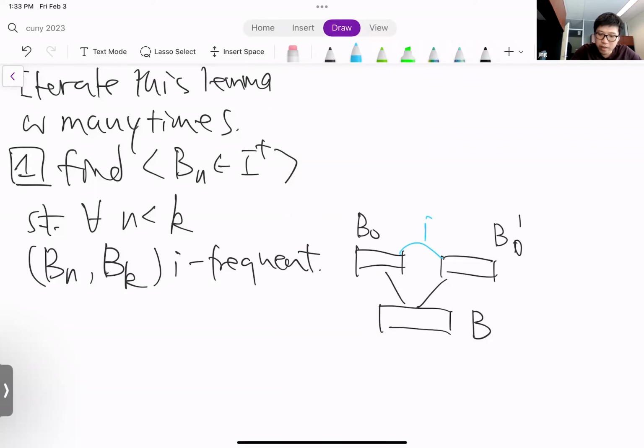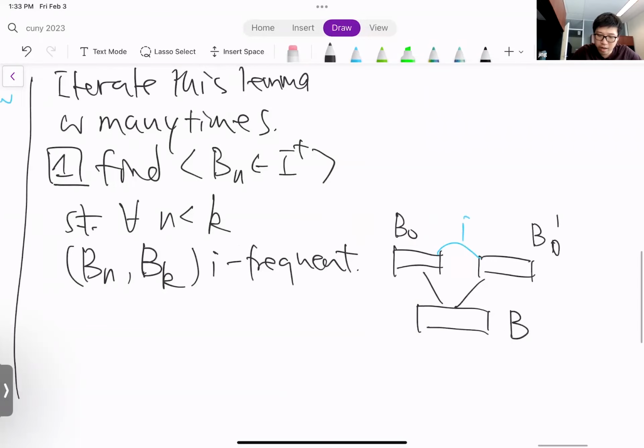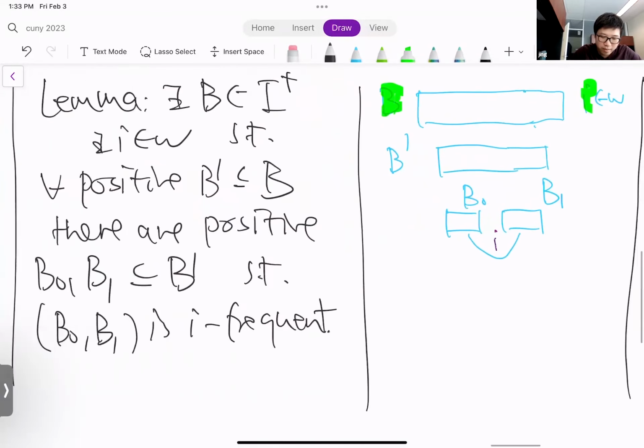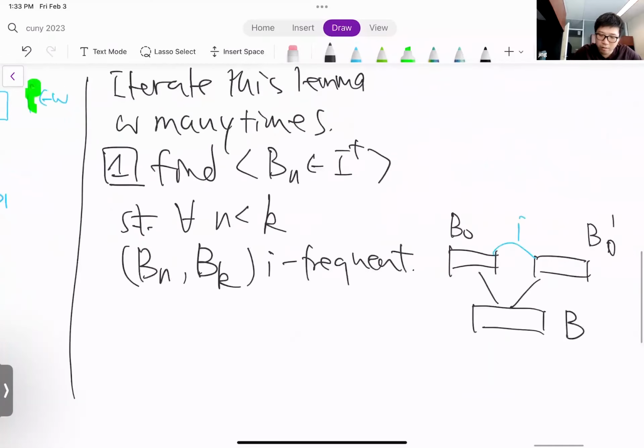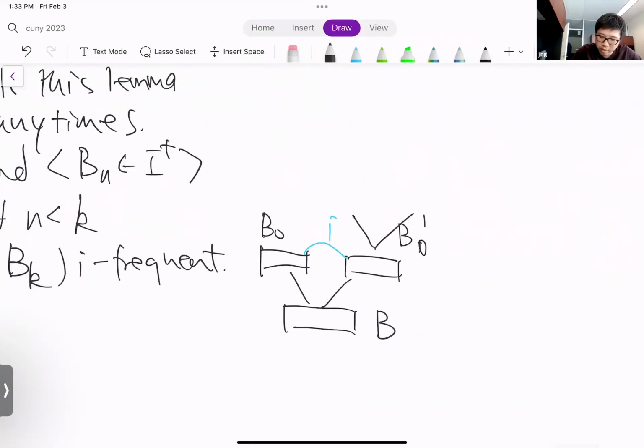But now you repeat the same process to B0 prime, right? Because recall that the previous lemma asserts that you can split any positive subset. So you split B0 prime again, and you get B1 and B1 prime, such that they are I frequent.